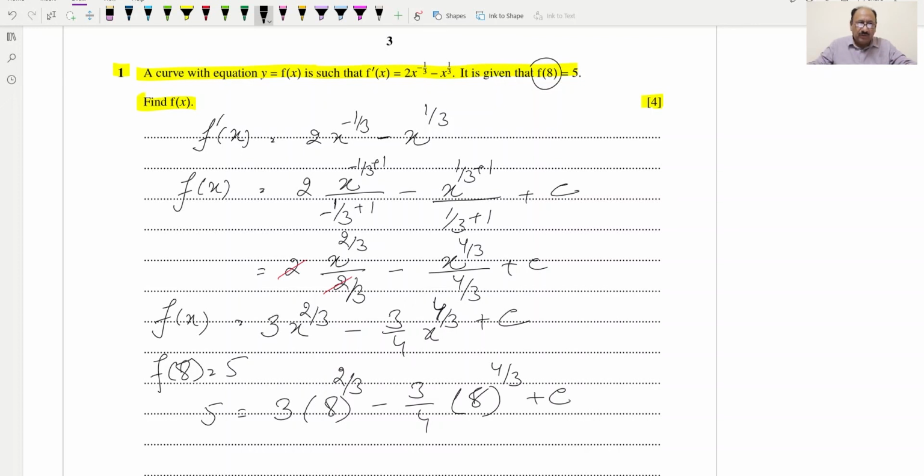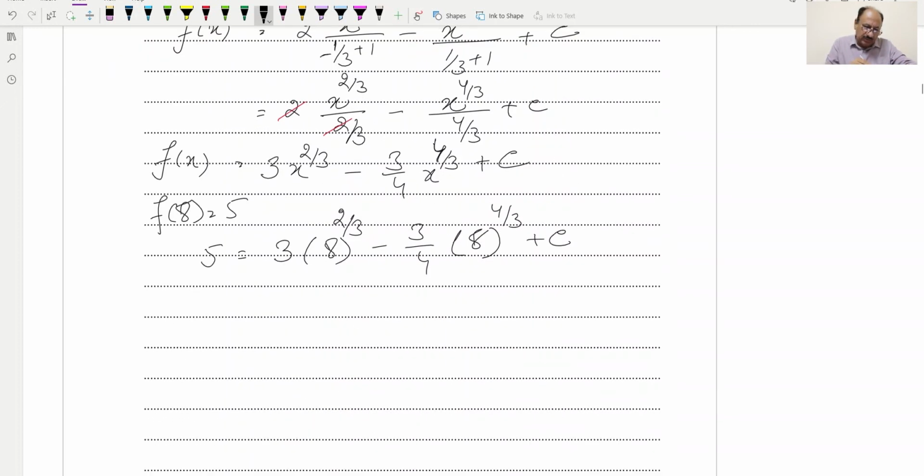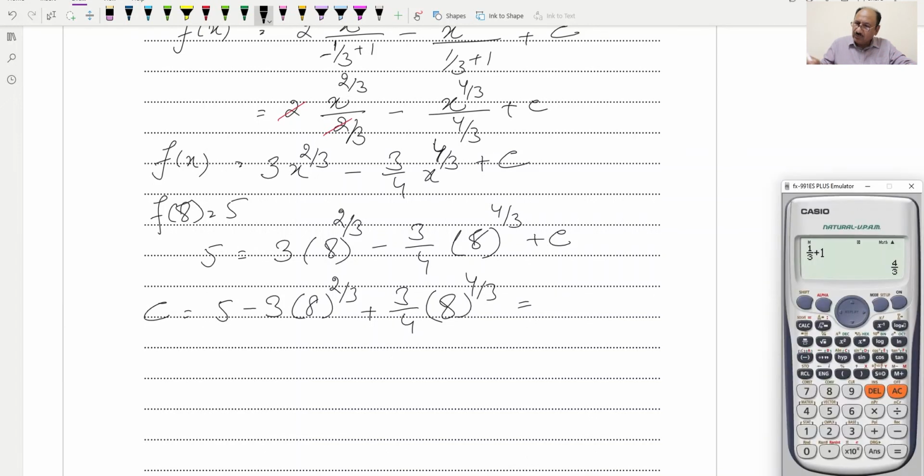And now we can find the value of c. We can shift this whole thing to the other side of the equality, and we'll get c equal to 5 minus 3 times 8 raised to 2/3 plus 3/4 times 8 raised to the power 4/3.